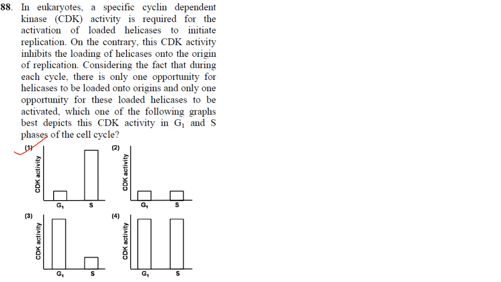Now, pre-initiation complex, it forms at the origin of replication and it takes place in the G1 phase. So CDK activity is low in the G1 phase, whereas pre-replication complex activates during S phase, and it is at this phase that CDK activates the pre-replication complex, which means CDK is more in the S phase.